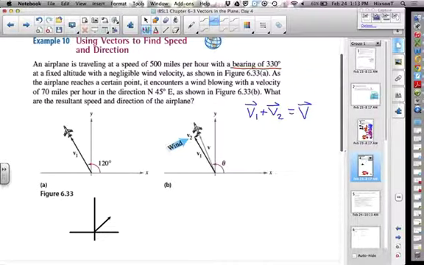Clockwise from? North. So starting here, we rotate clockwise 330 degrees. And this is what we were mentioning yesterday, where if you're given angles in different forms, you need to translate it to the direction angle.